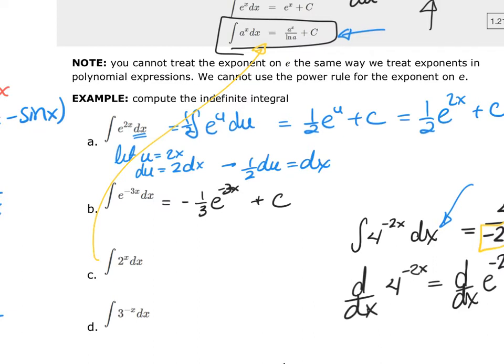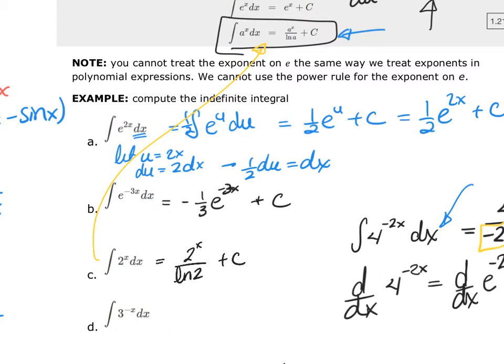Look at these. So using the straightforward definition of the integral of a raised to the x, on C there are no adjustments I have to make because my exponent is a positive 1. So I can just write this as 2 to the x over the natural log of 2 plus c. So no worries on that one.